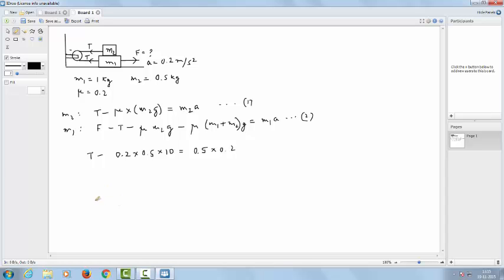So this gives us T minus 1.0 equal to 0.1. So that gives us T equal to 1.1 Newton.